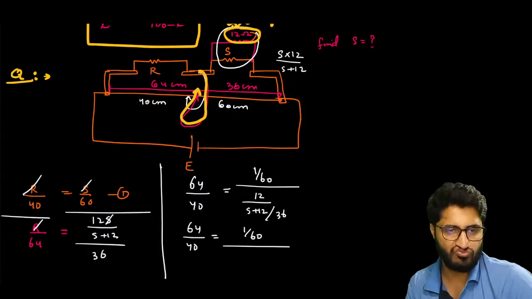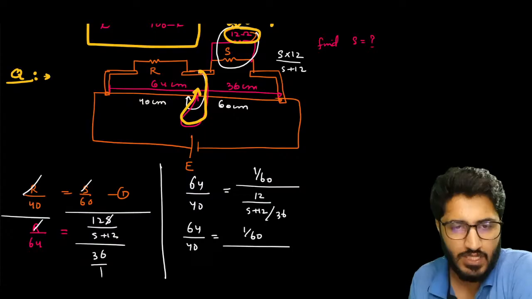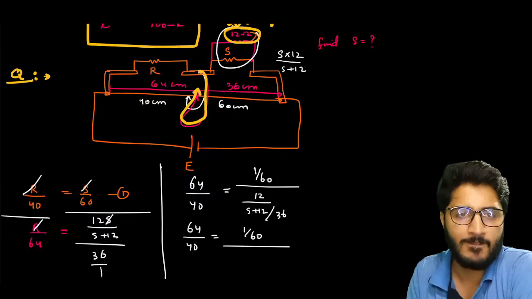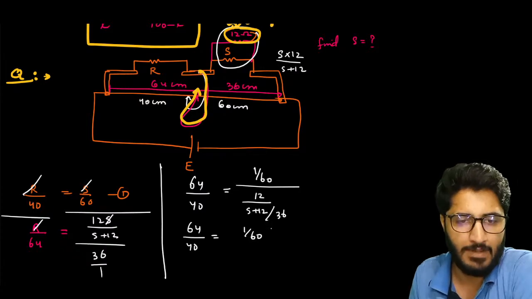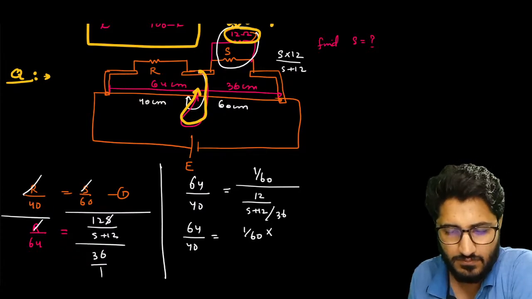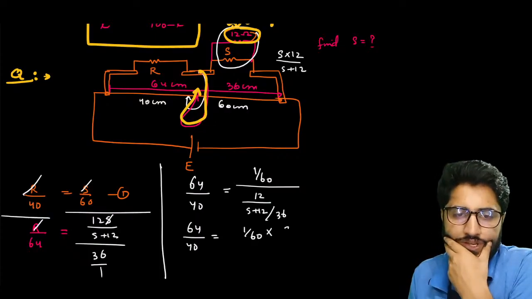1 second. It is 1 by 36. Yes, it would be. So I can write 1 by 60 multiplied by, 1 second. I get it S plus 12.